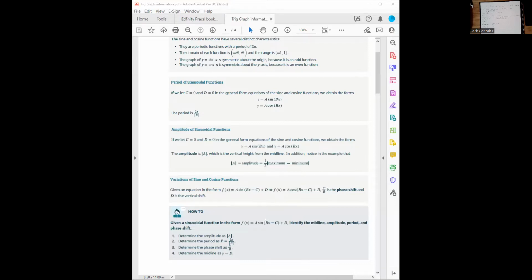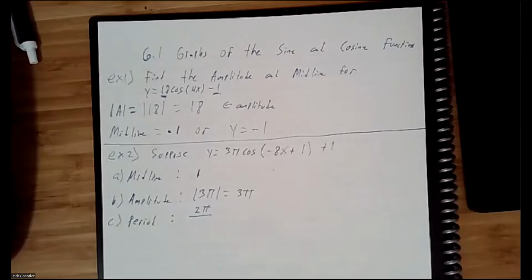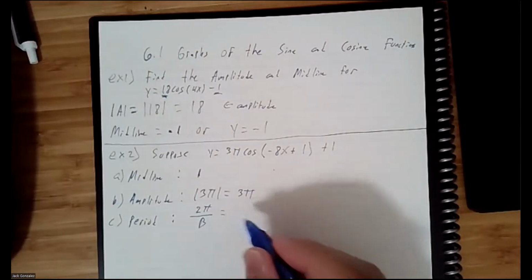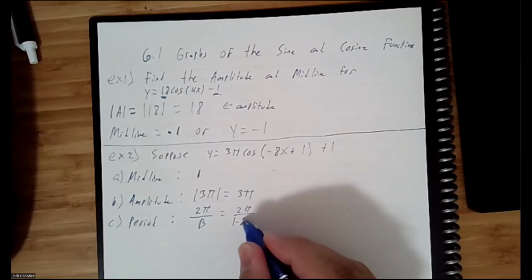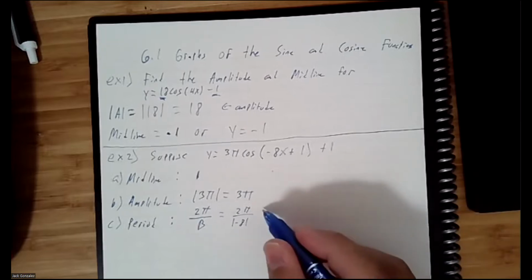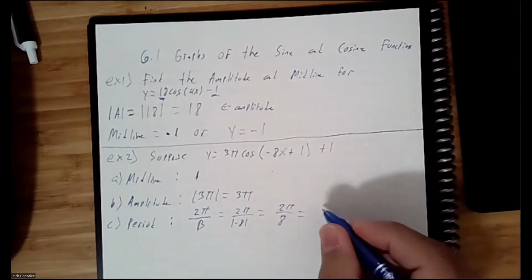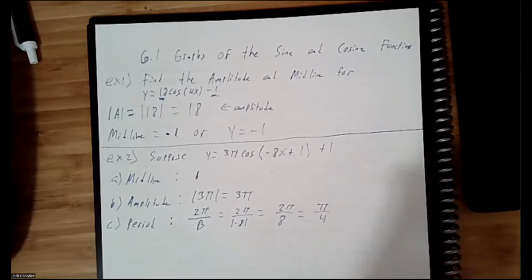So whatever you factor out here goes down here. So 2 pi over b is what they call it. 2 pi over b, which in our case is 8. So they take the absolute value. So 2 pi over 8 is going to be pi over 4.